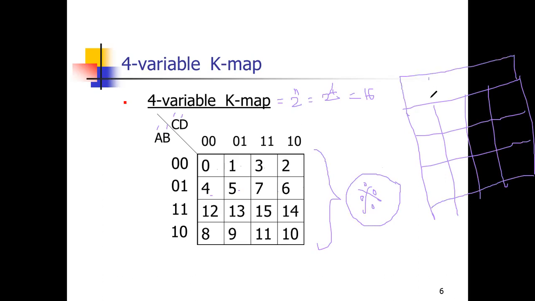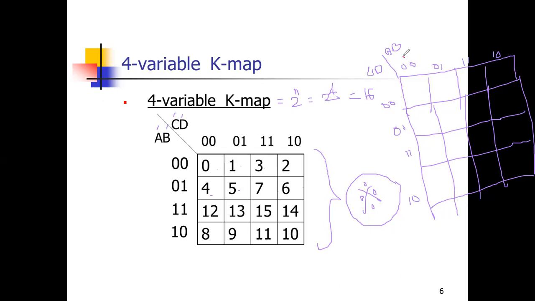Suppose I am considering the 4 variable map here. AB here, CD here; anyway you can take either. So this is 0 0, 0 1, 1 1, 1 0 comes here. Similarly 0 0, 0 1, 1 1, 1 0 here.